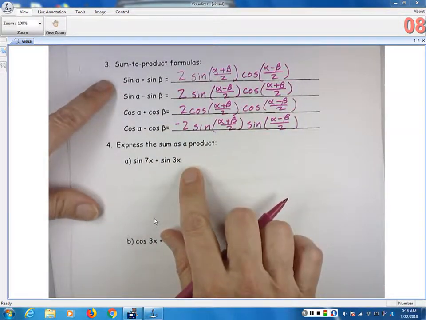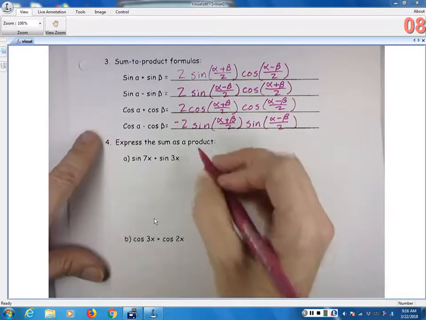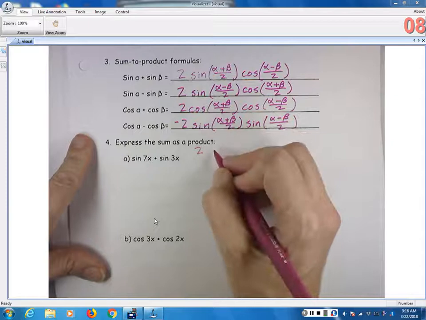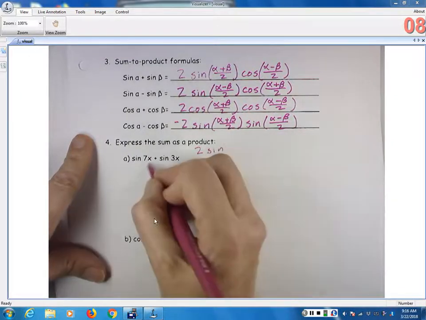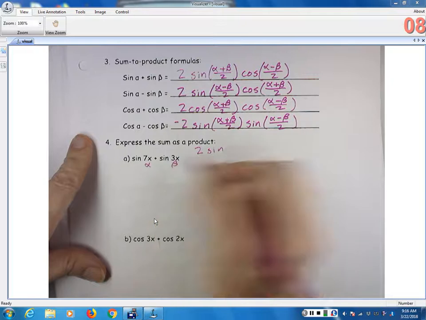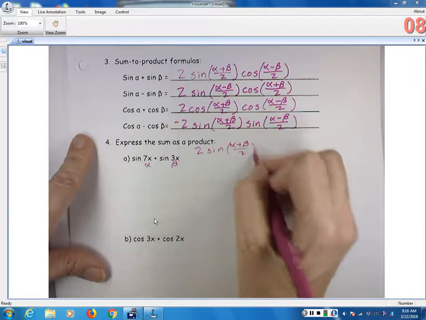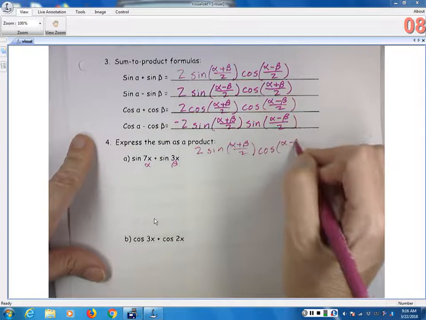It's probably a good idea to write it down on your paper right above what you're working with. So I'll write this: 2 sine, and this will be my alpha, this will be my beta. 2 sine alpha plus beta over 2 cosine alpha minus beta over 2.